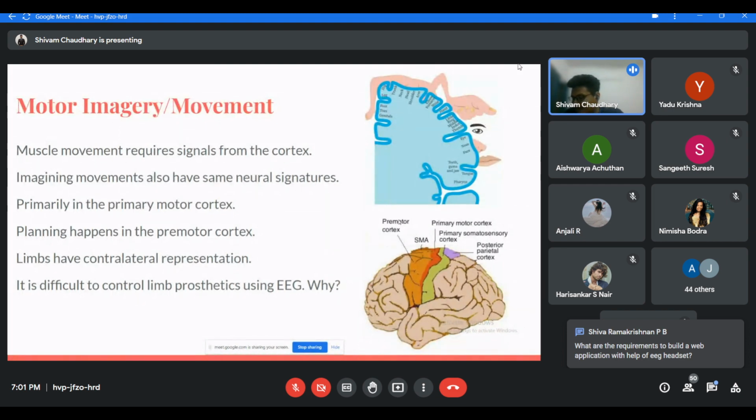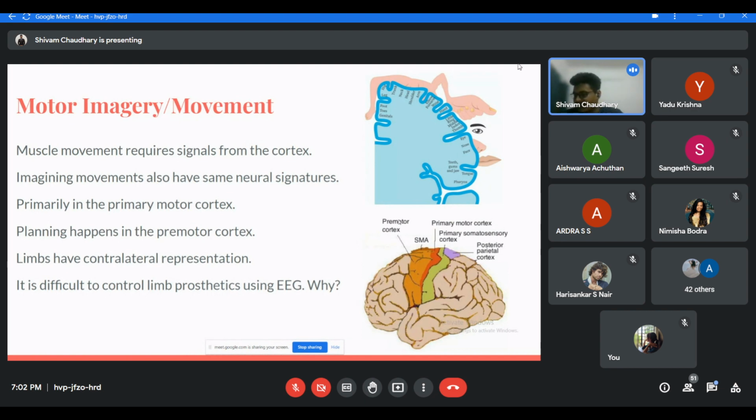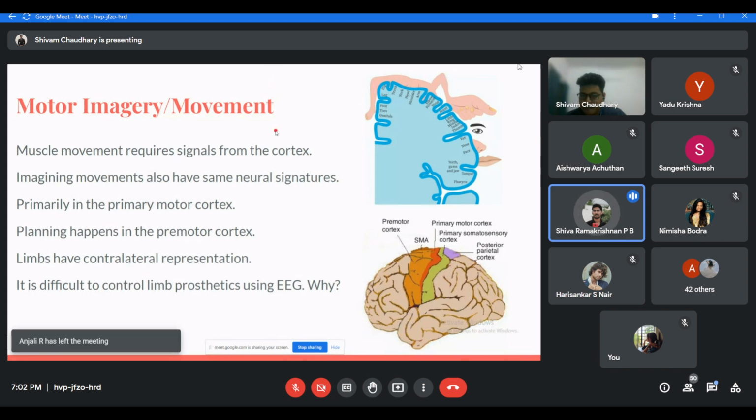What are the requirements to build a web application with the help of an EEG headset? I am not sure about the question. Can you give a few more details as to what this web application does? As of now, I saw that EEG is more into robotics and the medical field.